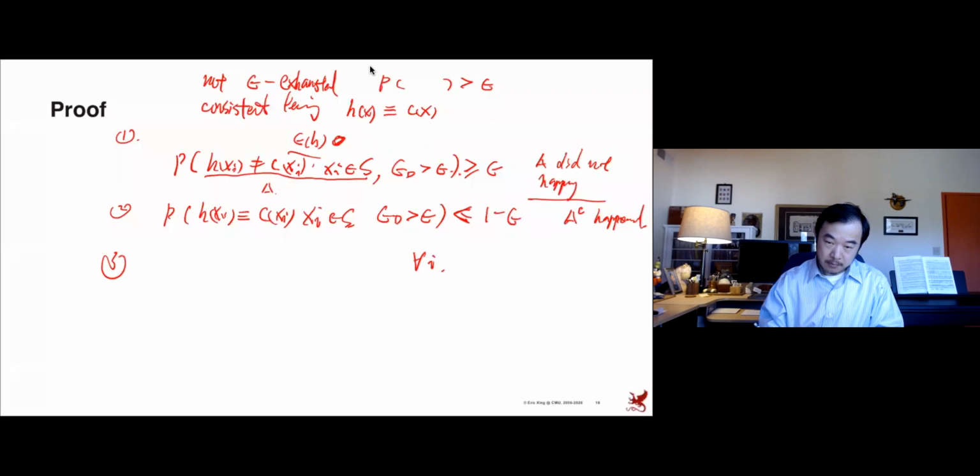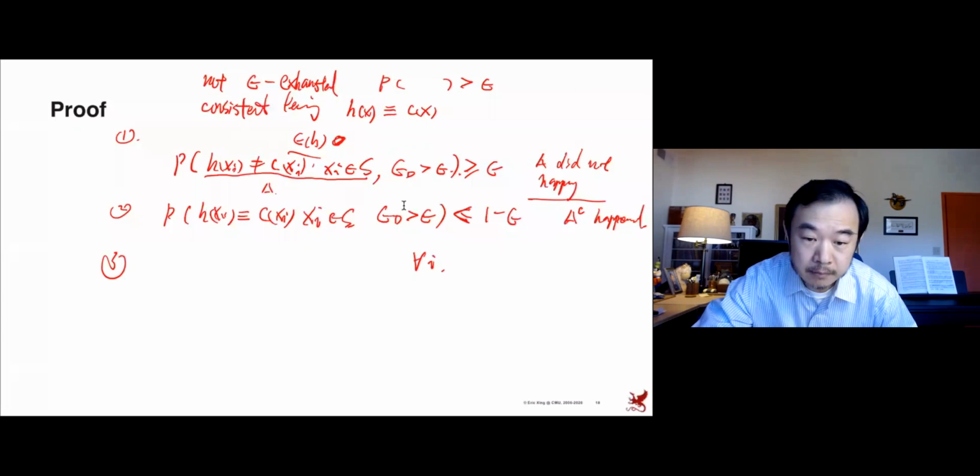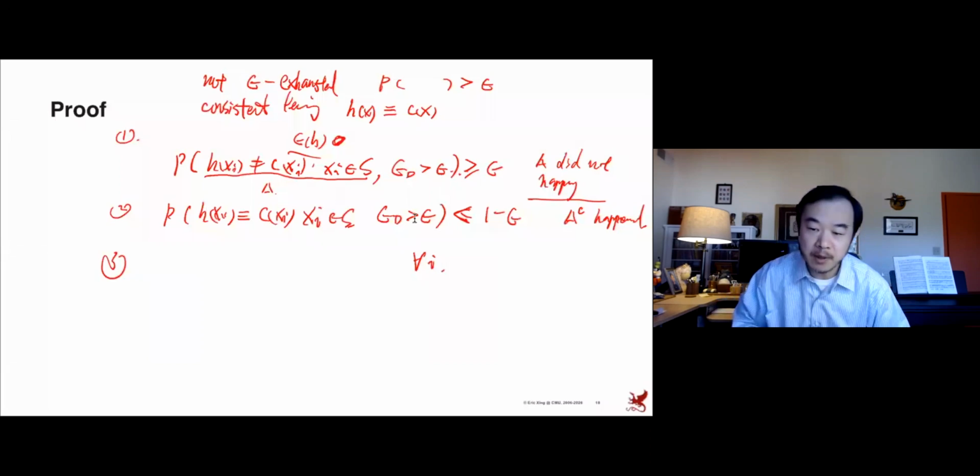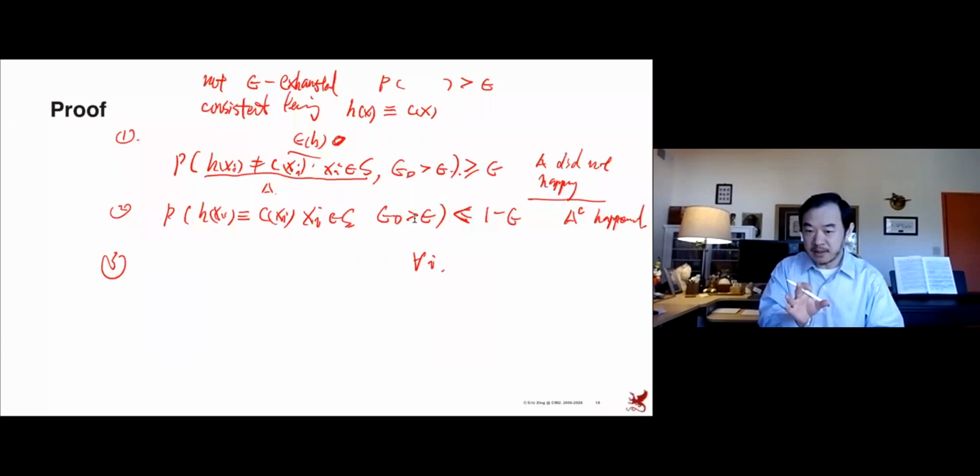Someone asks in the chat, is this epsilon the same as the delta we defined initially? No, it's not. The delta is the probability of getting such a hypothesis, and the epsilon is the error such a hypothesis commits. You can go back and listen, and digest very deeply this double hedging story.